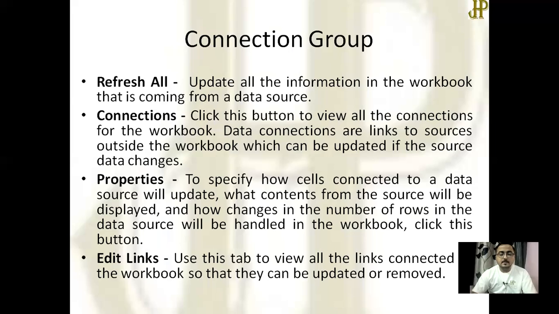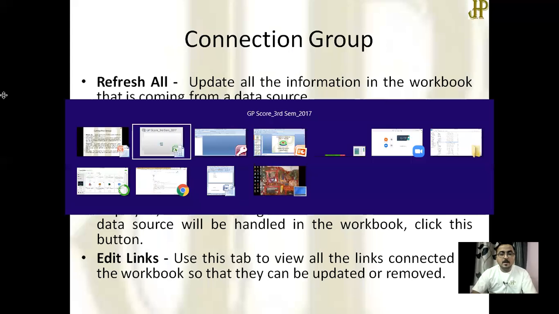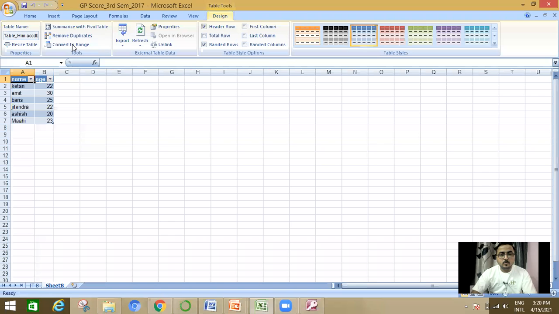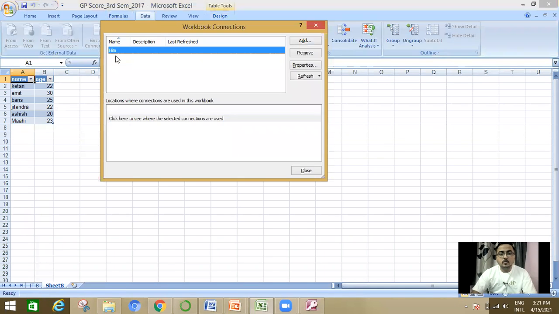Whatever connection you made, if you want to see it, click on the Connections option. You can see all the available connections. Go to the Data tab, click on Connections. Here you can see that one connection is available, known as HIM. Clear?